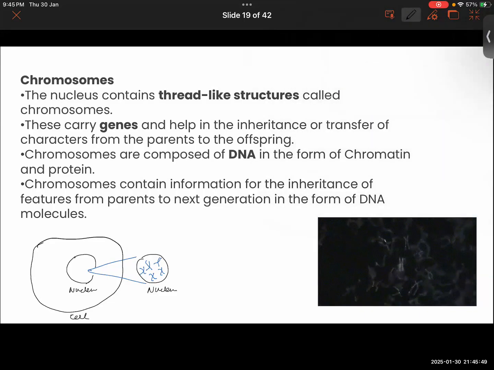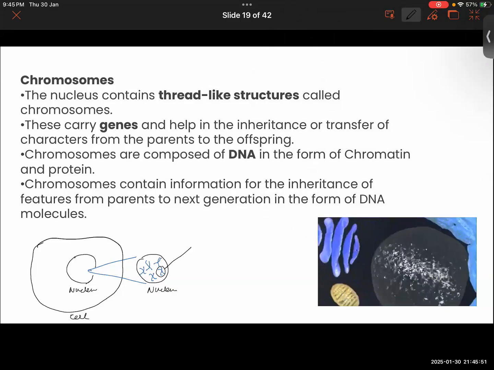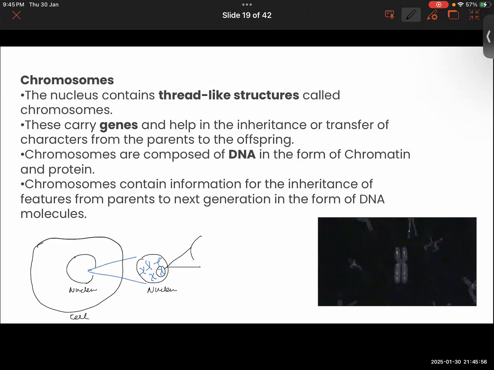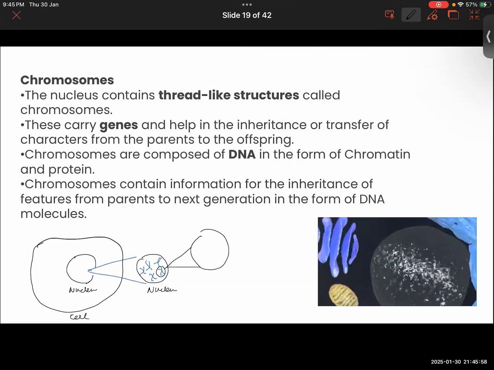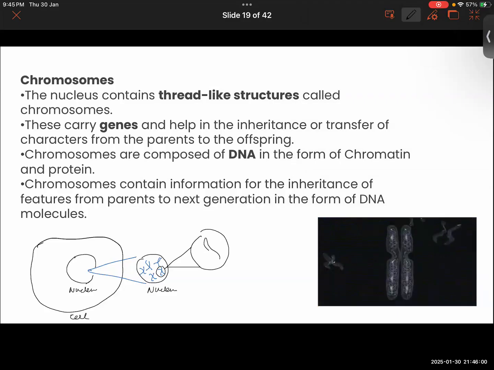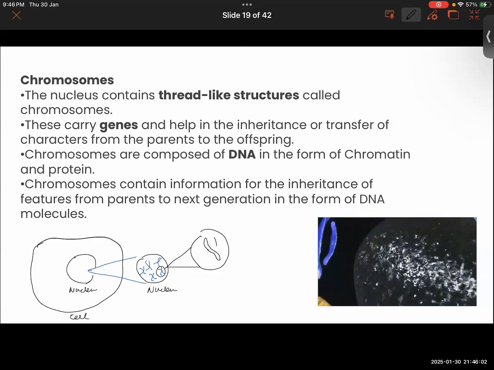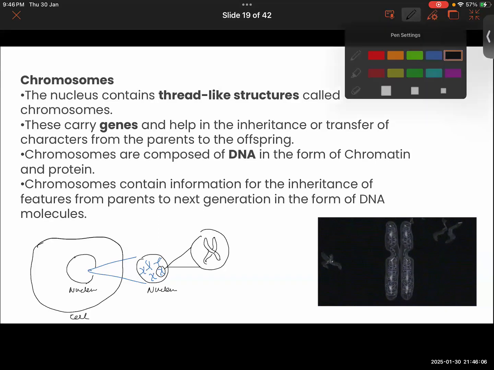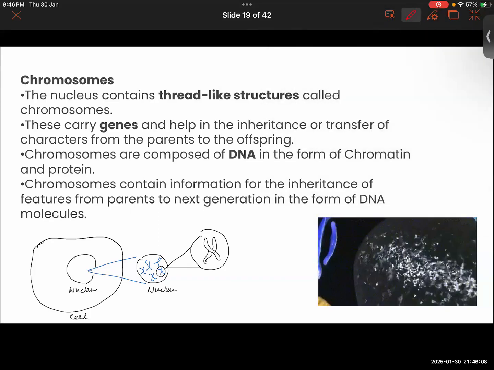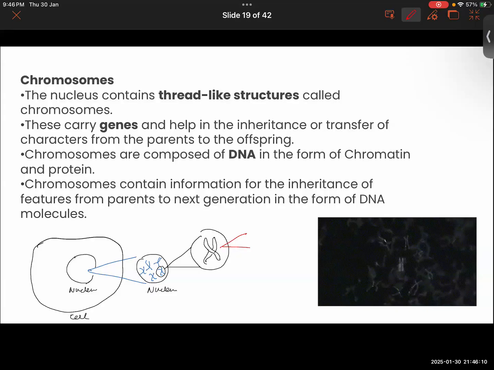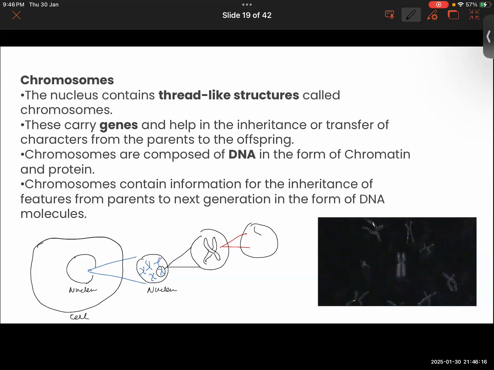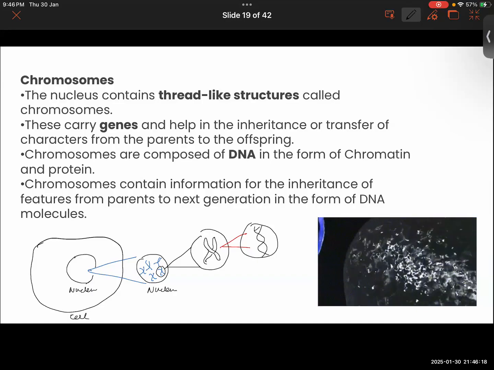Let's take out one of them. Let's take out this chromosome now. When it is viewed, we see that this chromosome is composed of DNA. It contains DNA in it. DNA has a structure like this.